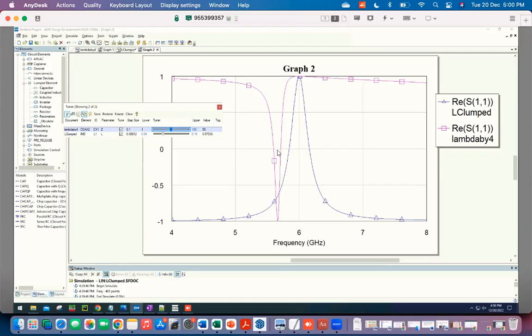The narrowing we already know. The asymmetry is related to the fact that the capacitor's impedance is not a fixed value. It is 1 over omega C. So there is actually a frequency change as you go from here to here. That affects the interference condition slightly, and you don't get a perfect looking resonator like that.